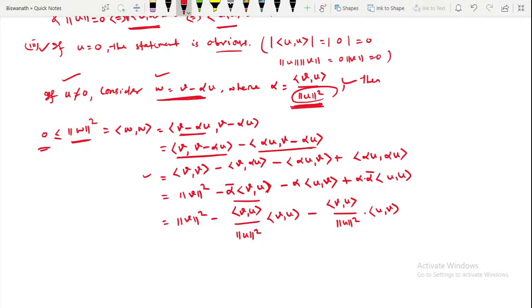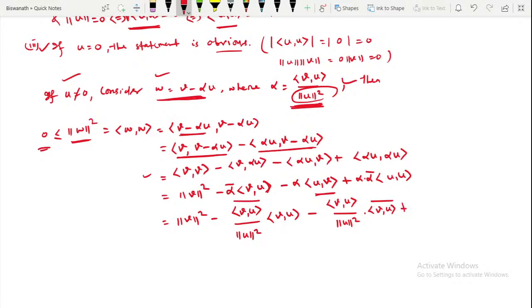But you can interchange the u comma v, we can write v comma u by taking its conjugate. Okay, so in place of u comma v I can write v comma u conjugate.